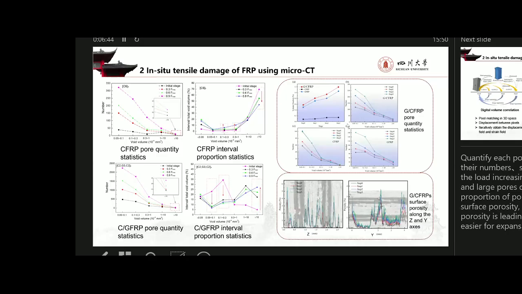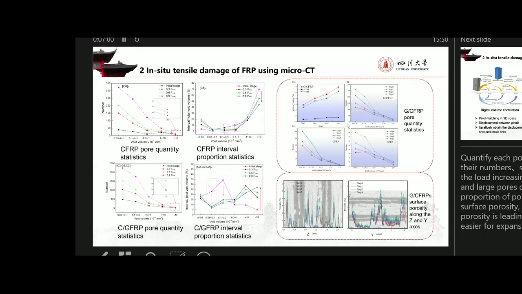Then we can quantify every pore in the FRP, and give the statistics of micro pores, medium pores and large pores.